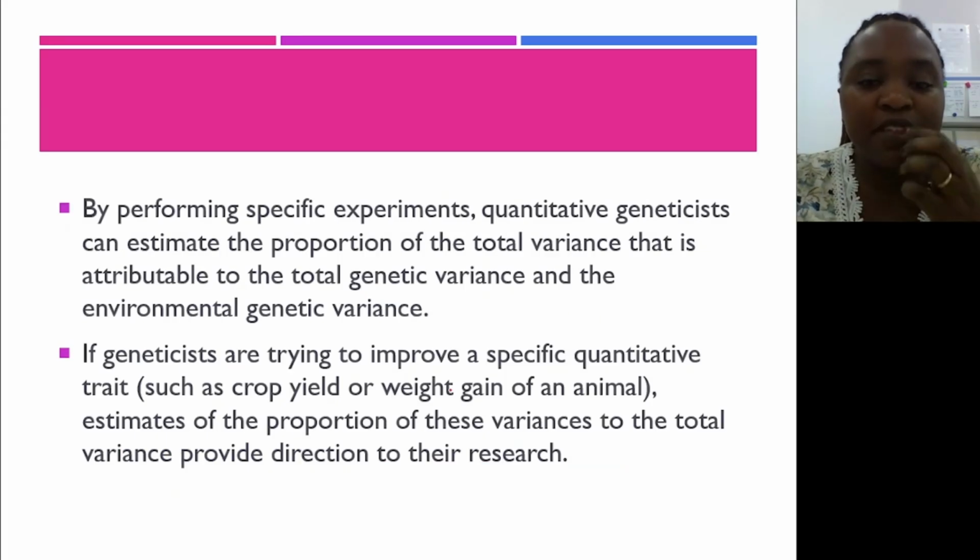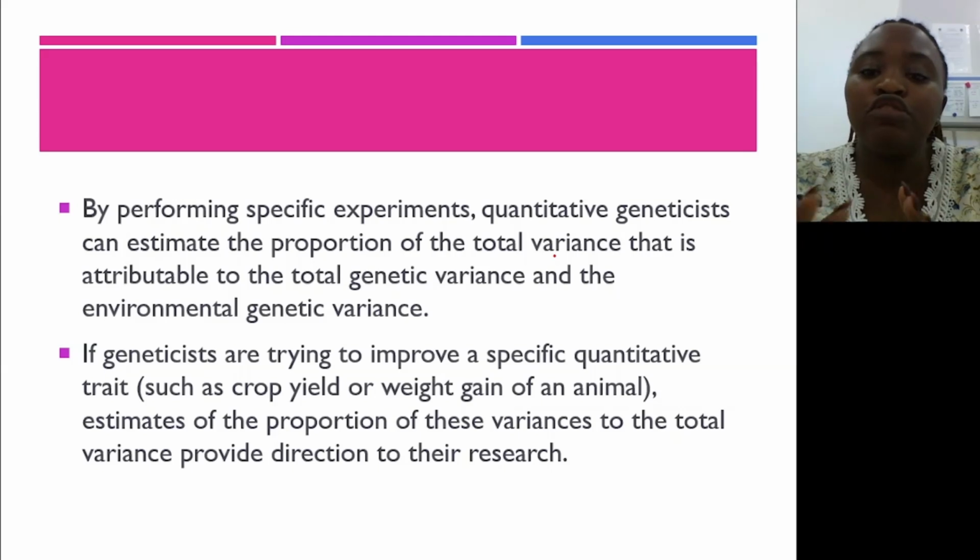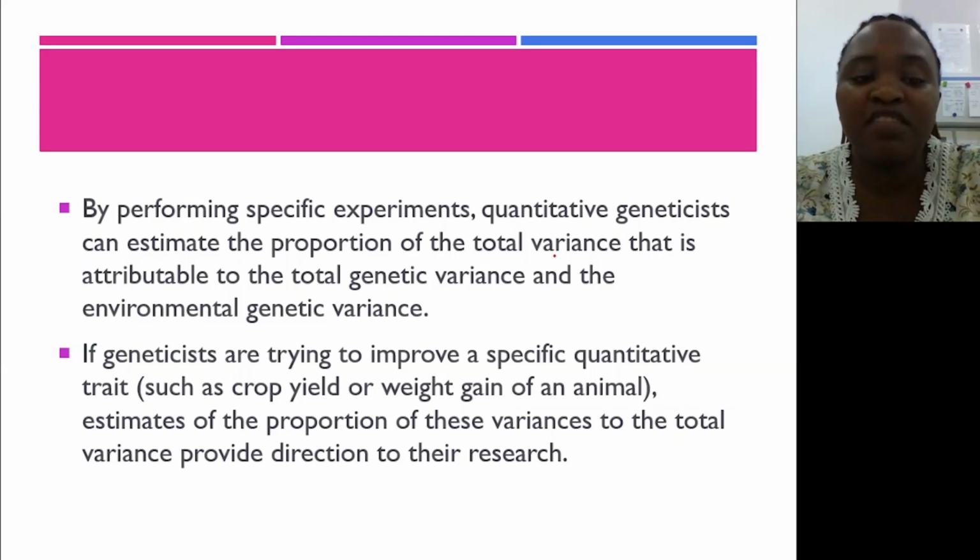By performing specific experiments, quantitative geneticists can estimate the proportion of the total variance that is attributable to genetic variance and to environmental variance.